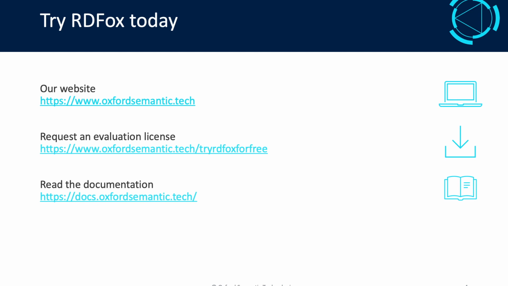Obviously, in the case of RDFX, we do have a strong point in terms of the reasoning capabilities, but we also have a very strong point in terms of the performance capabilities as well. For example, how many of you have experienced a situation where you are having to write the largest SPARQL query out there, and this SPARQL query can take, say, 2 to 30 minutes to run, or possibly even time out?